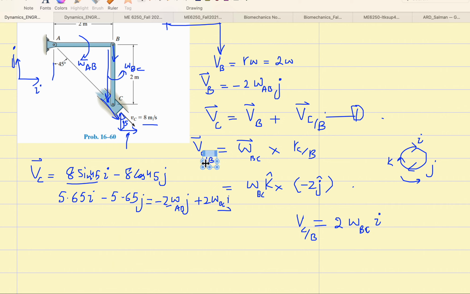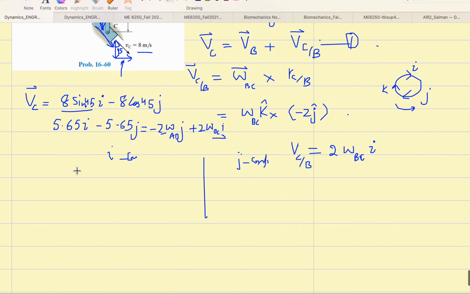What if you equate the I component and the J component? Can you guide me? Now the left hand side is 5.65 equals 2 omega BC. This is one equation, one unknown, you get 2.83.